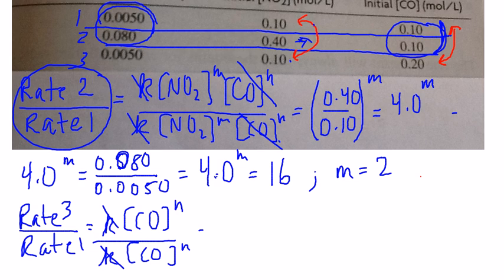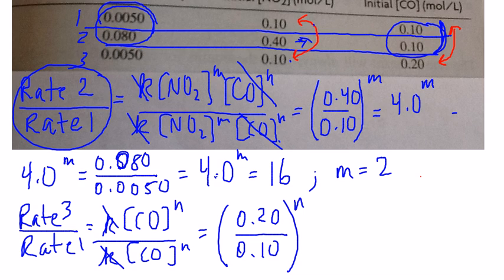The Ks cancel, and the CO in reaction 2 is 0.20. The CO in reaction 1 is 0.10, and they're raised to the n power. 0.2 divided by 0.1 is 2 raised to the n power, and that's equal to, hey, hold on a second.